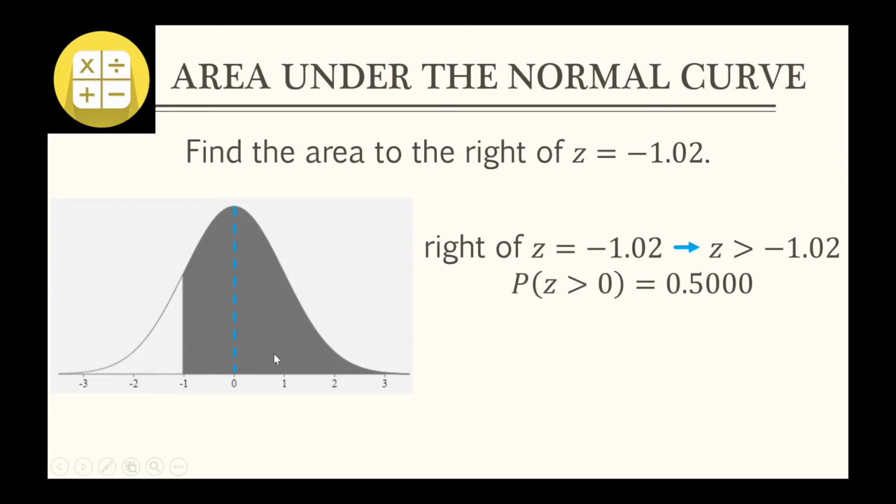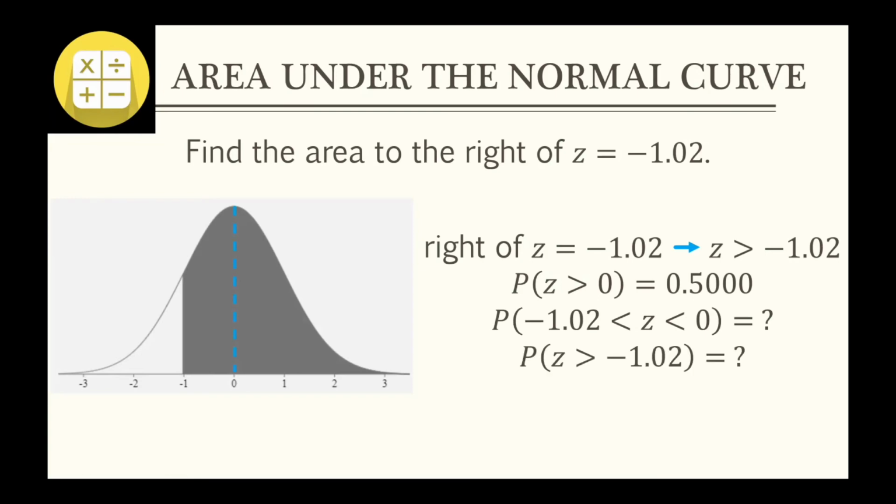Given that the probability of z greater than 0, or etong part na ito, that is 50% or 0.50. We are going to get the probability from negative 1.02 to 0 using the standard normal table for z, to get the probability of z greater than negative 1.02.